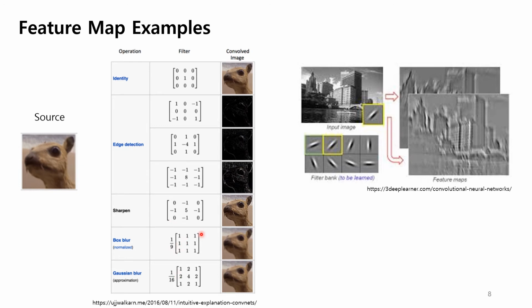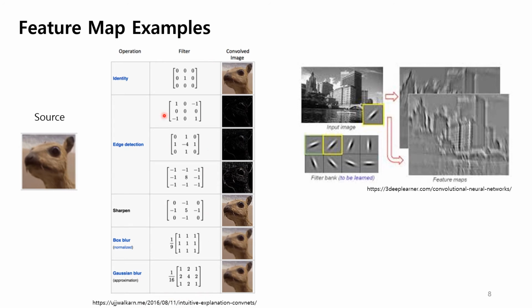But one thing you have to notice here is that in almost every case, we do not provide these filter values. Filter values are learned from data. The algorithm decides these values from learning.